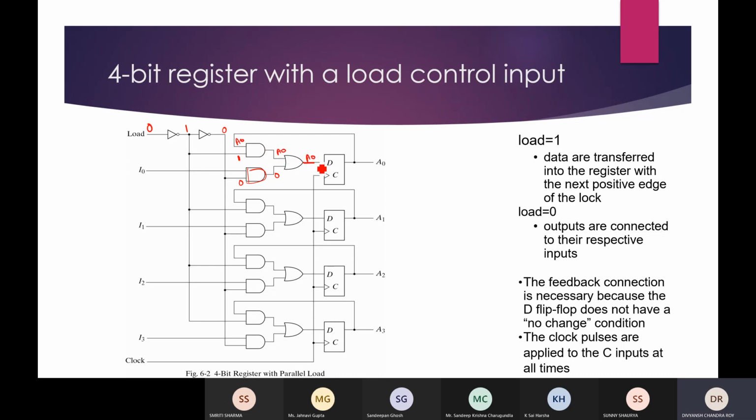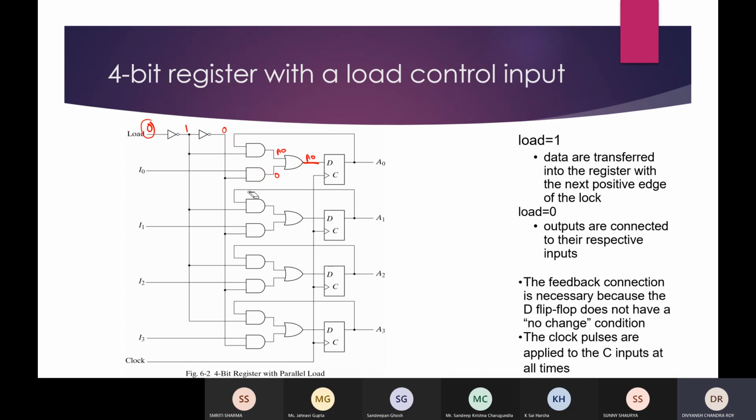So here what will happen, my output is going to be simply the previous state. So when load is equal to 0, only the last data will be retained, while any new data will not be registered inside the register.